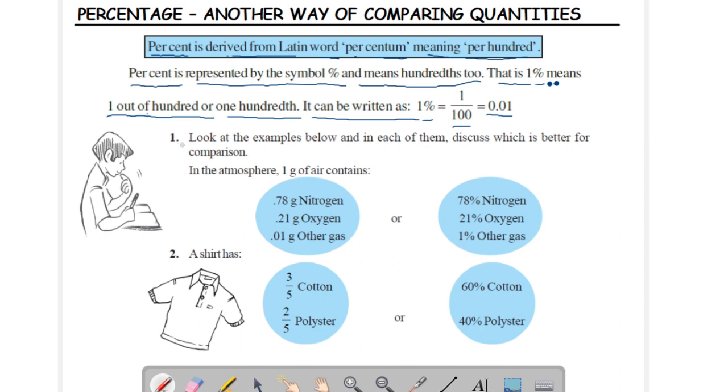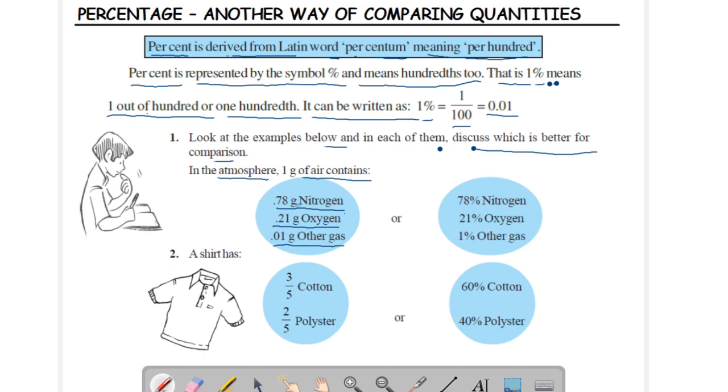Let us take one example. Look at the example below, in which we discuss which is better for comparison. In the atmosphere, 1 gram of air contains 0.78 gram of nitrogen, 0.21 gram of oxygen, 0.01 gram of other gases.